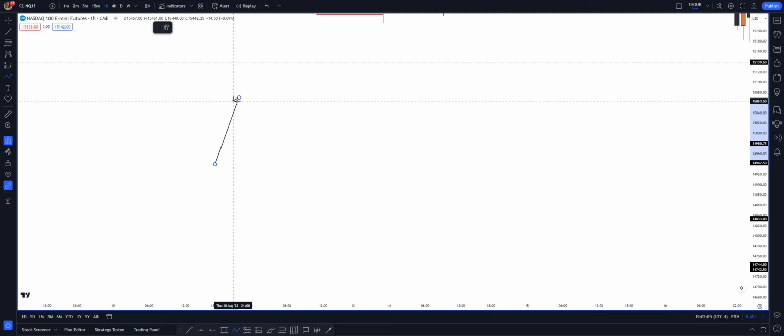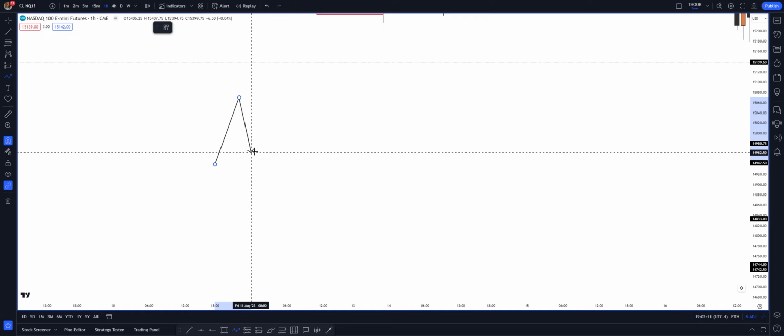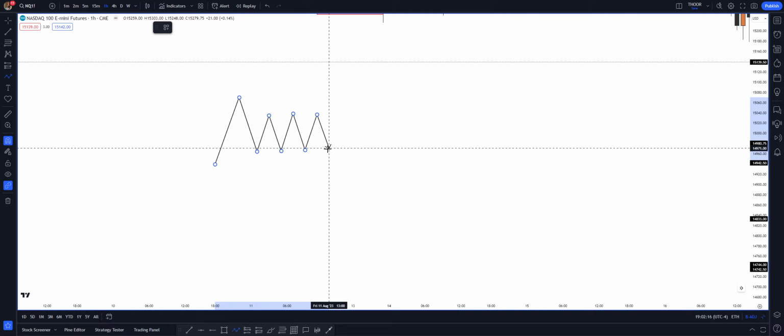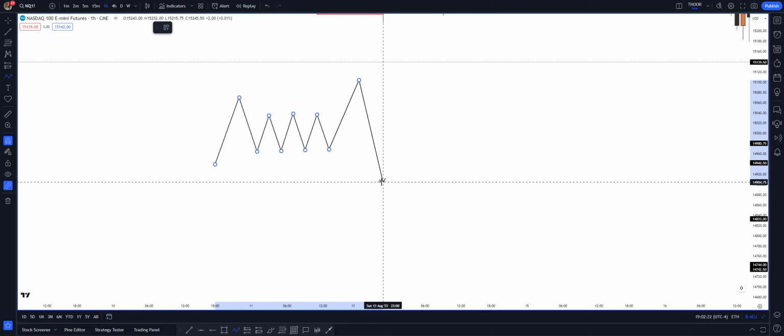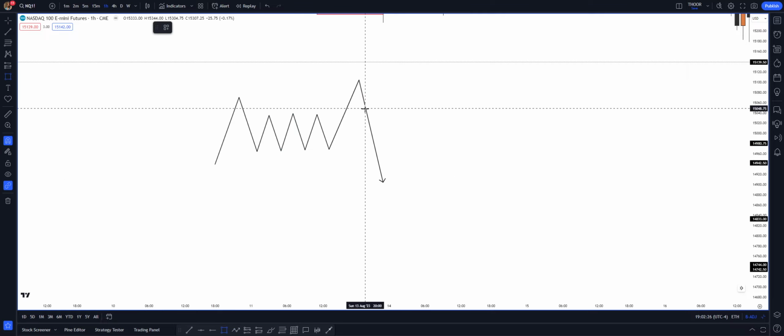We create a high, probably in the previous PM session, when price accumulates during Asia. Then London raids, engages with the high, breaks lower with a fair value gap. That's important.